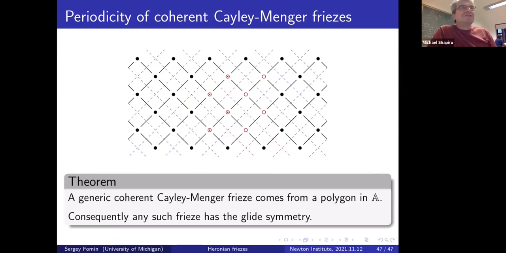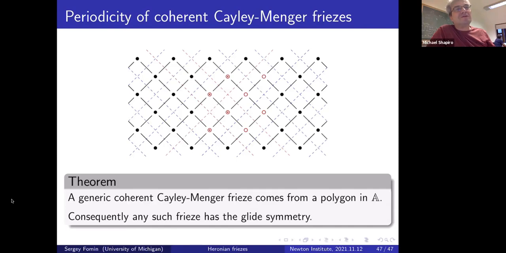Sergey, it looks to me, on first glance, terribly similar to what Greg talked about, the super Teichmüller, with more or less the same pictures, dots and segments connecting them, and then putting some extra information on these segments.